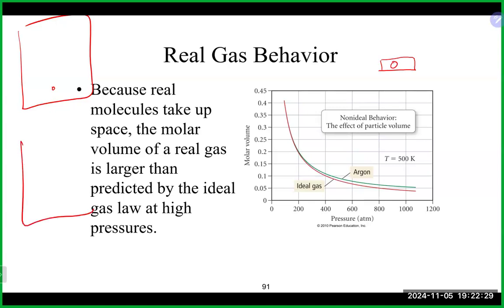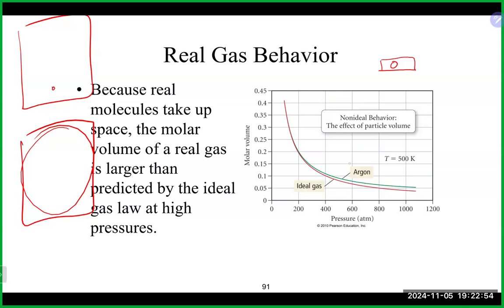Take the same trash can and toss a basketball in there, and it's going to take up a much bigger volume than the little marble. Now the volume of the basketball is very important versus the volume of the container, whereas with the marble it's not important, because most of the volume is the container. So under these real gas situations, we do have to take that into account.